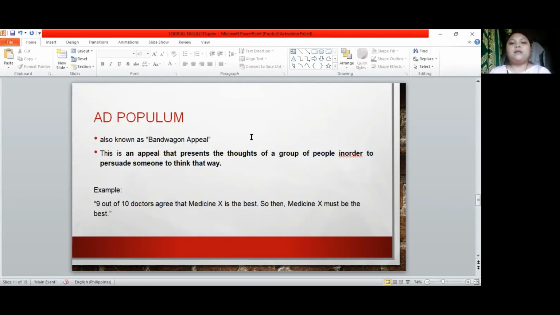This is an appeal that presents the thoughts of a group of people in order to persuade someone to think that way. For example: 9 out of 10 doctors agree that medicine X is the best. So then, medicine X must be the best. This explains that just because a lot of people believe a certain opinion, that opinion must be true.